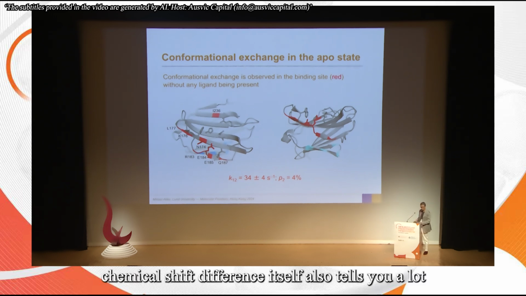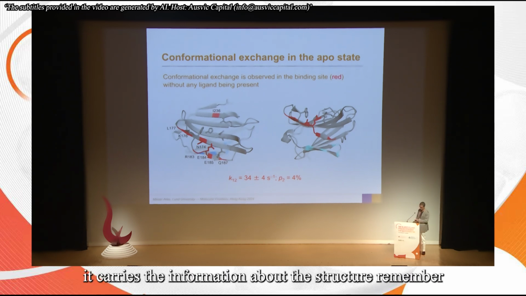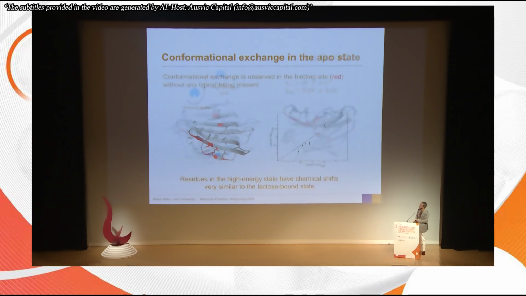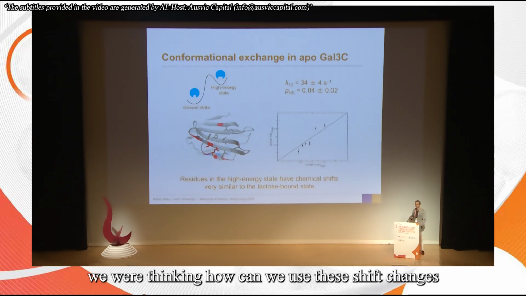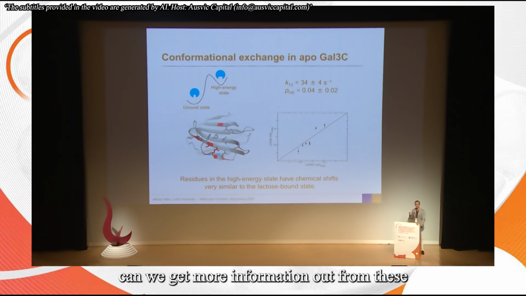But the chemical shift difference itself also tells you a lot. It carries the information about the structure, remember? So in this case, we were thinking, how can we use these shift changes? Can we get more information out from these?